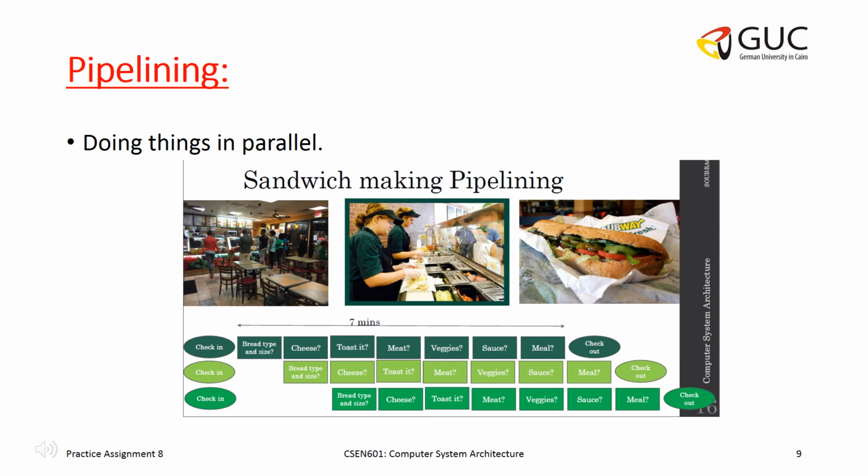Okay, so that is the pipelining they are having there. Imagine we are having 10 customers, and each customer is waiting for the customer before him. What should the guy do?